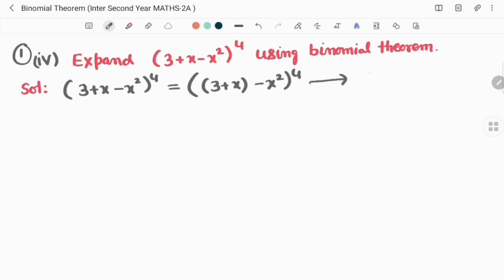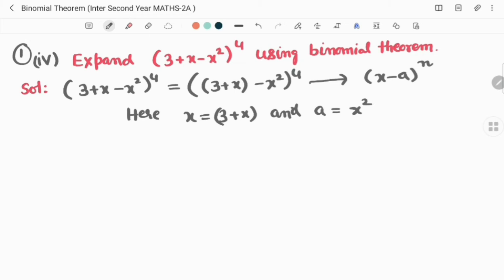This you have to compare with (x - a)^n. So here I am considering x equal to 3 + x and a equal to x^2. So minus is there, and how to expand we know that.